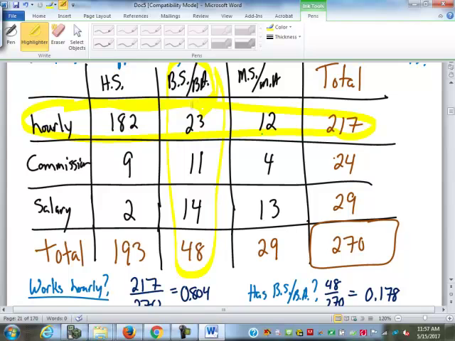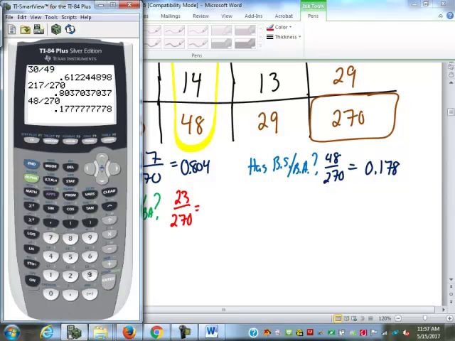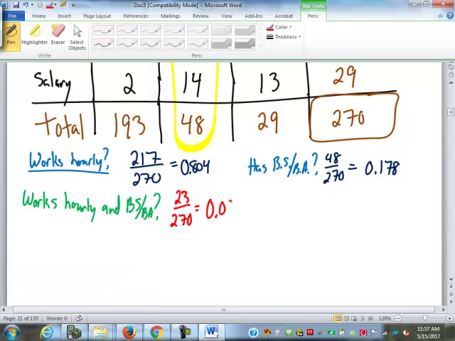Now it said and, so I'm only concerned with the ones that meet both. That's the 23 right here. So there's only 23 out of 270. So 0.085 or 8.5%.